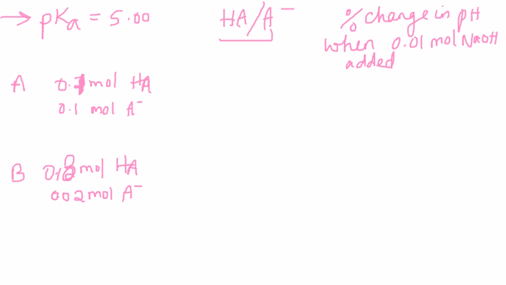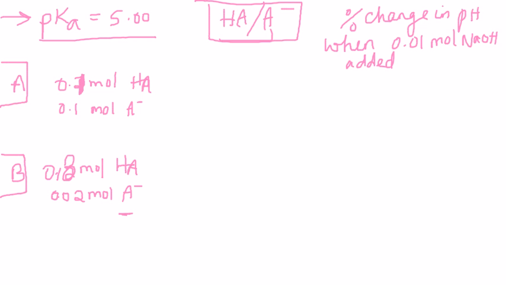We have a situation here. Let's say I have a buffer that's made up of a weak acid HA with its conjugate base A minus, and the pKa of that weak acid is 5, let's say. And you have 2 situations. You have one buffer A in which you have used 0.1 moles of HA and 0.1 moles of A minus, and there's another buffer that you're trying to synthesize, in which case you have more of the acid, less of the conjugate base.